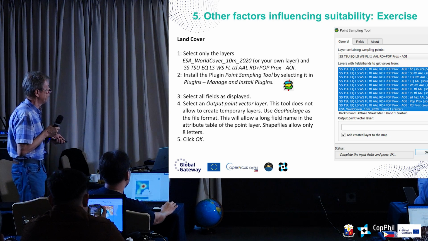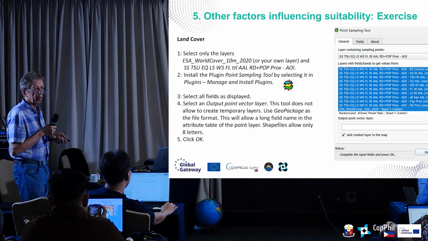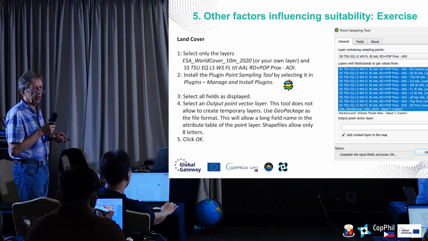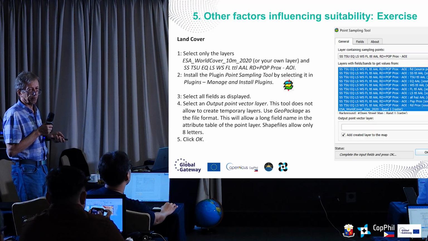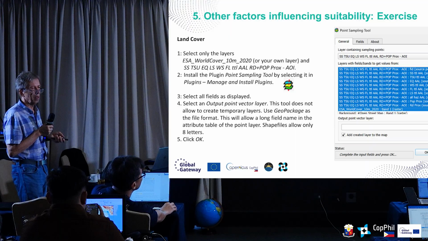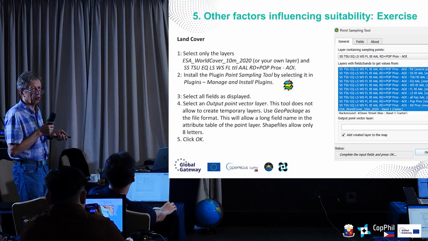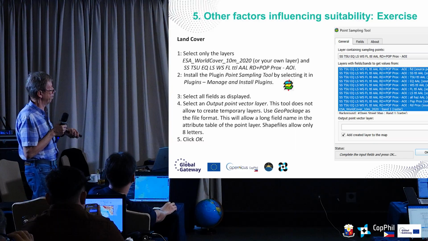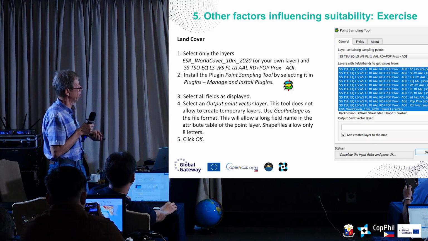So we take a point layer and take the rasters below it, and the values from the rasters are then in the attribute table of the point layer. The tool for that is the point sampling tool. Did you install that already, or can you install it? You would have to go to plugins, the repository of plugins, find the point sampling tool, and install it.